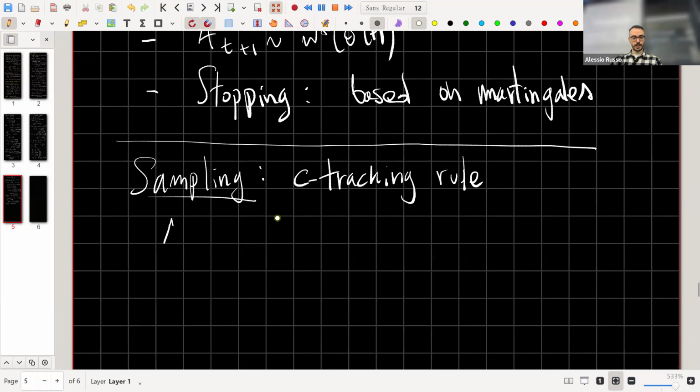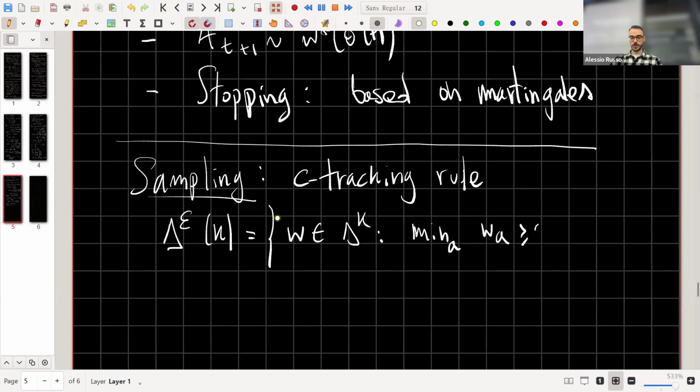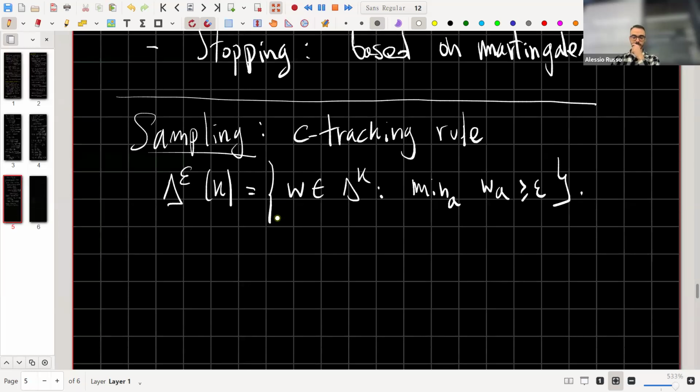So we define the clipped simplex Delta_epsilon^K to be the set of allocations over arms such that the minimum over a of W_a is at least epsilon. Why does this guarantee that we can estimate the model well? The idea comes from Borel-Cantelli.